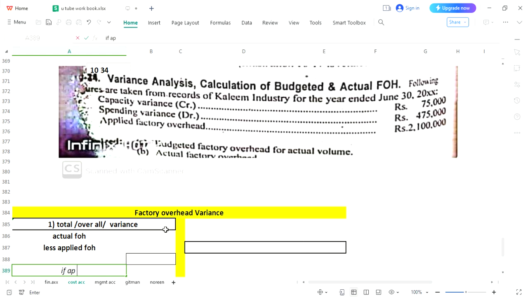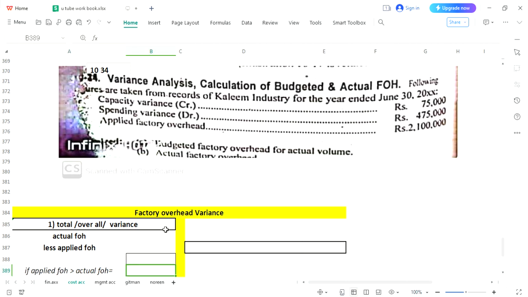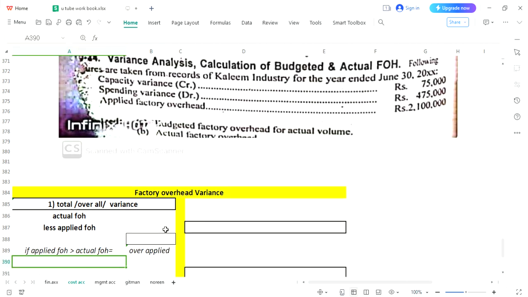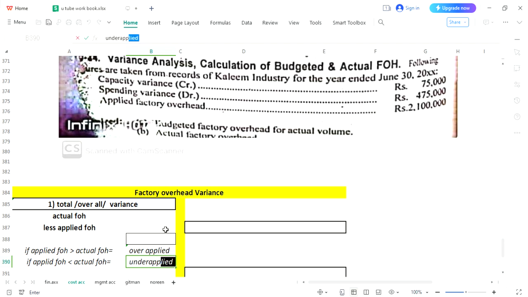So if applied FH is more than your actual, it means applied is more, then you will call it over applied. Contrary to above, if applied FH is less than actual FH, then it would be considered applied is less, so it would be considered as under applied FH variance.